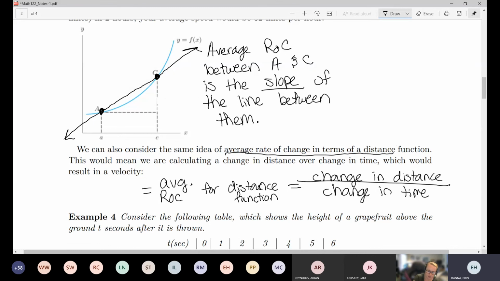And the verbiage that you need to be aware of is that this is sometimes called average velocity. So if you see average velocity on your homework, it's not something new, it's just the same thing in that very specific context of a distance function.